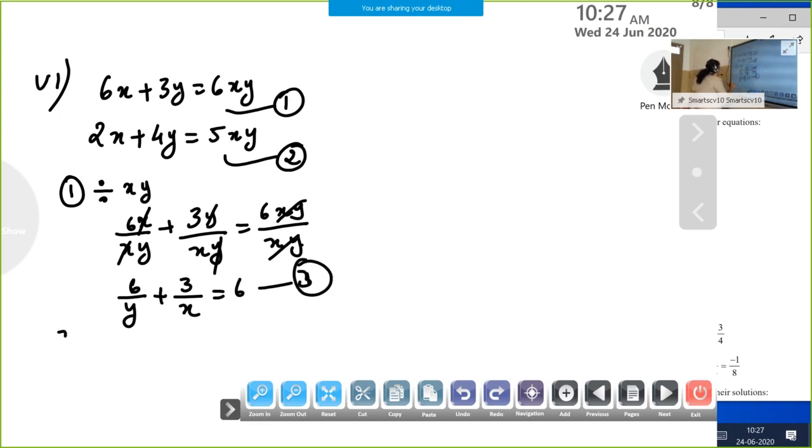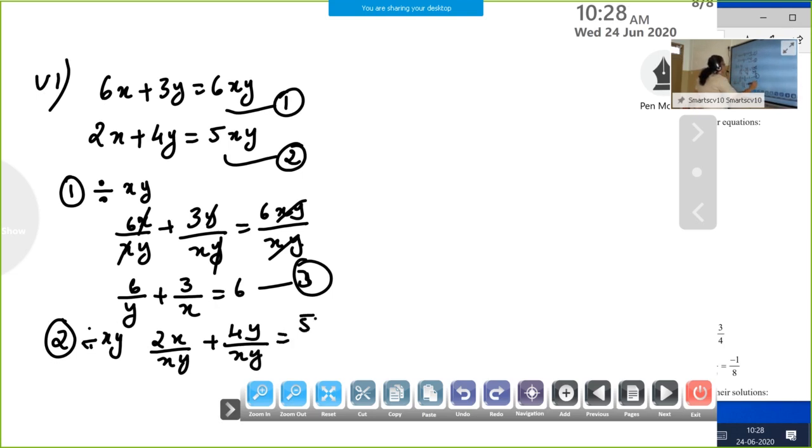Then the second equation, divided throughout by xy: 2x divided by xy plus 4y divided by xy is equal to 5xy divided by xy. x and x cancel, y and y cancel, xy cancel.